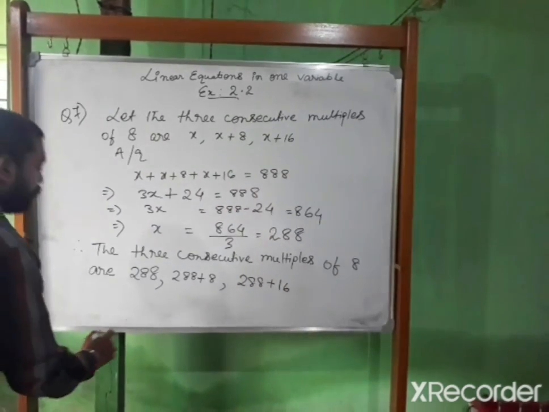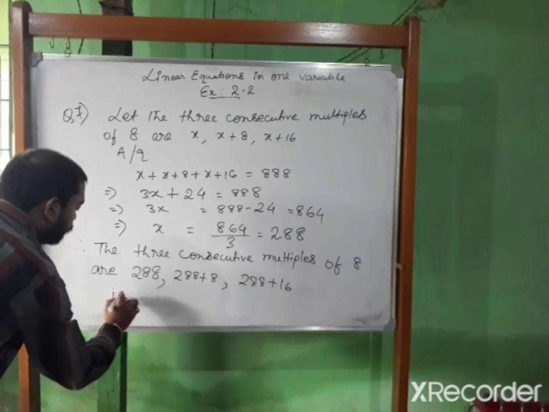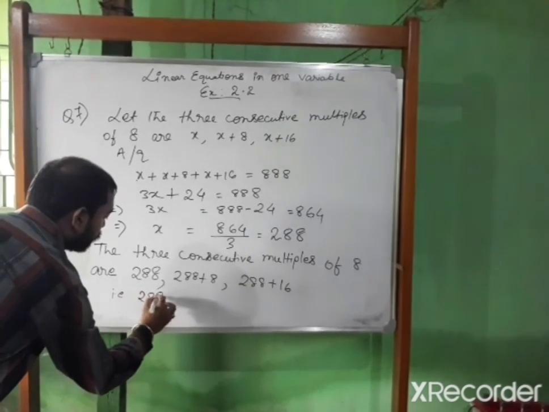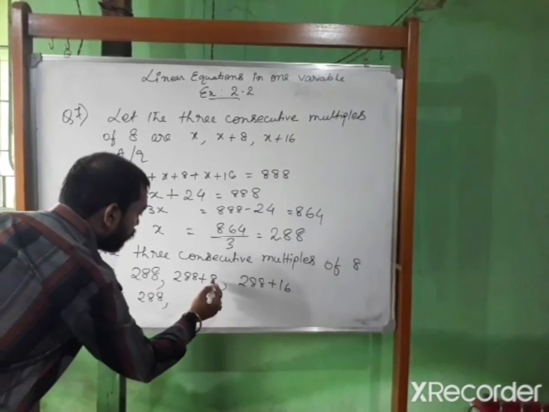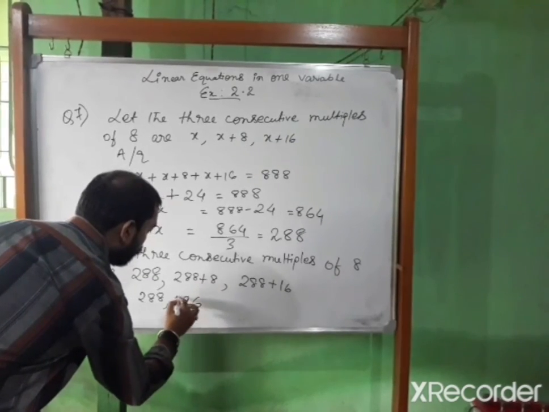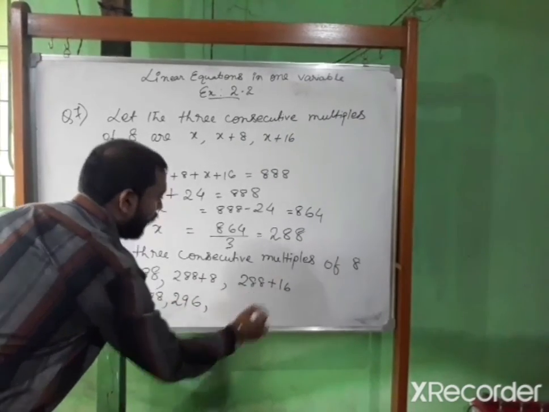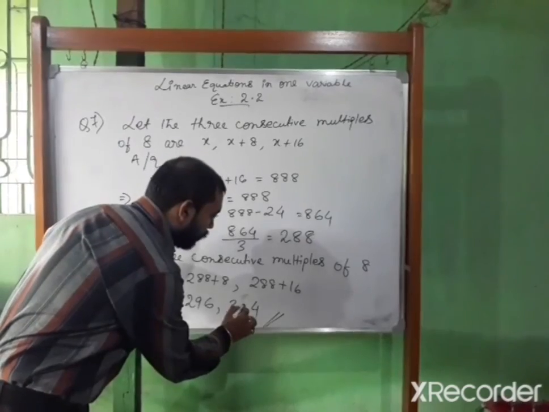So 288 plus 8 is 296, and the answer will be 304.